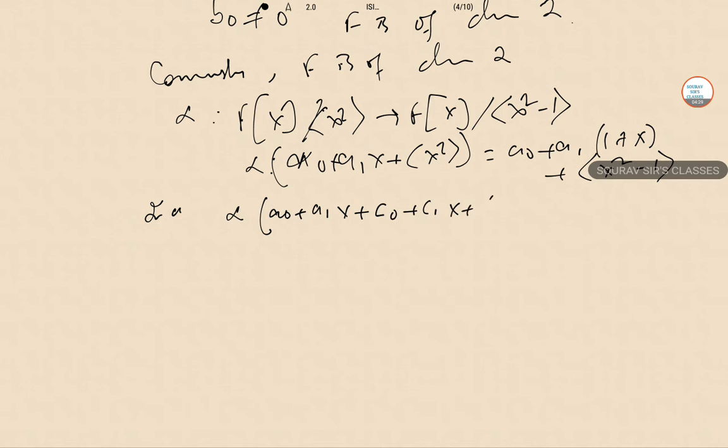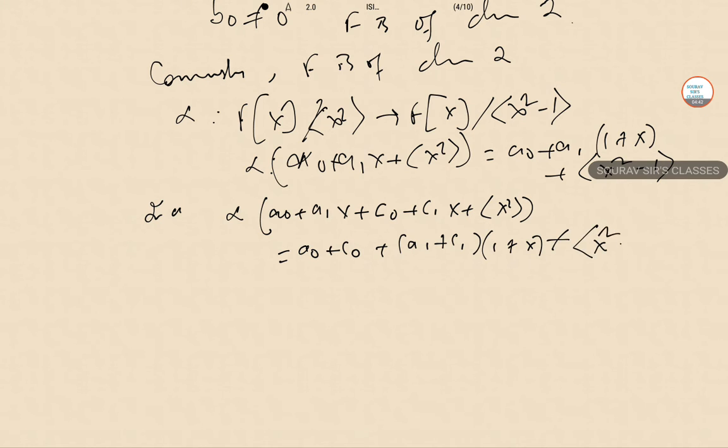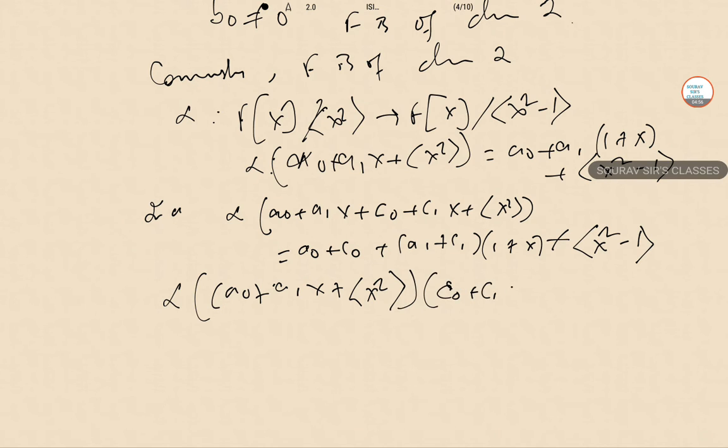C0, C1x, so A0 plus C0, A1 plus C1 and plus x. So obviously this will be represented by A0, A1x and C0, C1x and C square.